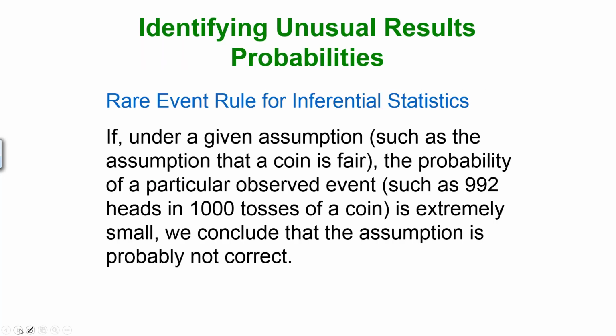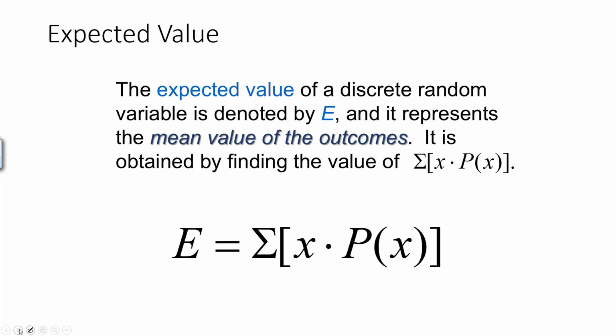Okay, another thing in this section that we need to understand is the expected value of a discrete random variable. Luckily, there's nothing to learn here except the name, because the expected value is just the mean, right? What we expect is for the typical data value to occur, which is the average, the mean. So whenever you're asked, given a frequency distribution, what's the expected value, you're going to find the mean.